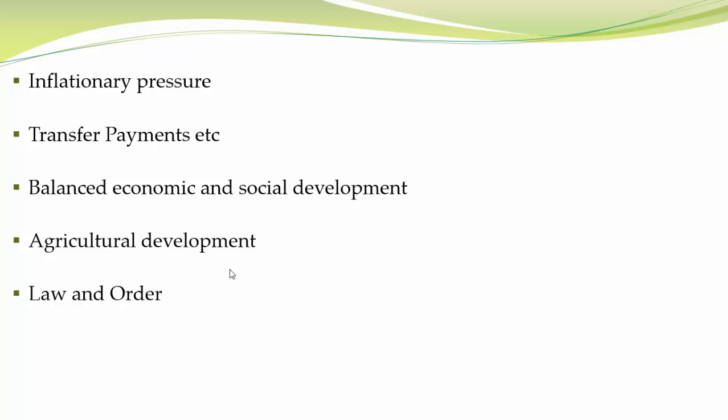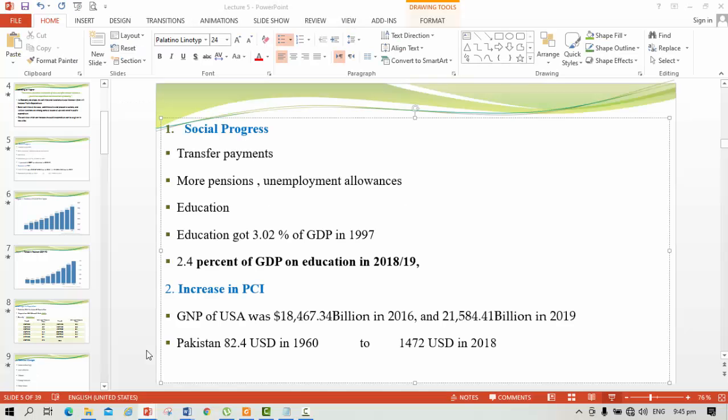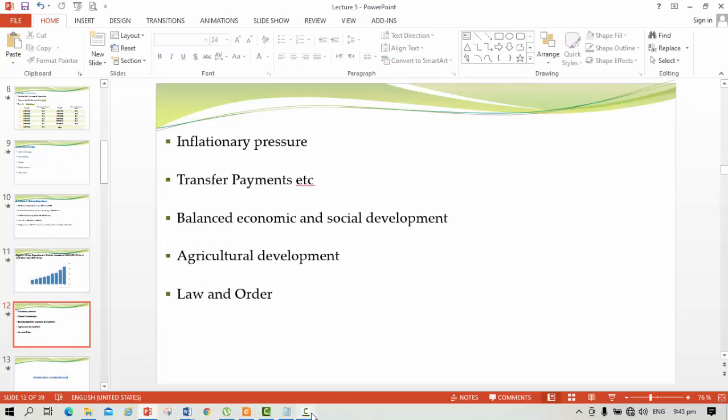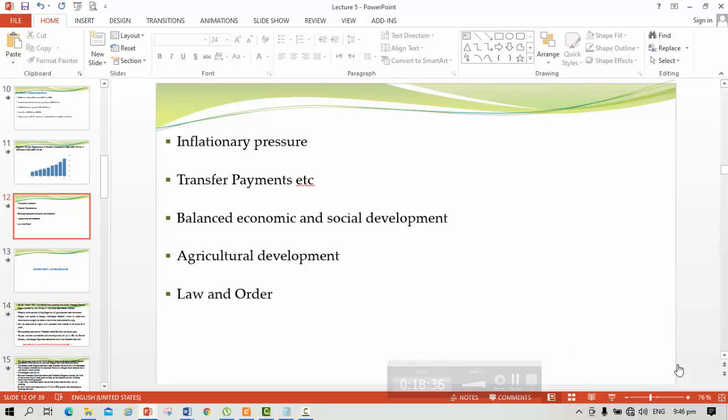If we look at the countries of Asia, like Pakistan, Afghanistan and Bangladesh, and almost all developing countries, the law and order situation is not very good, and the government needs money in order to improve the law and order condition in these countries. So these were a few of the factors which cause an increase in public expenditure.